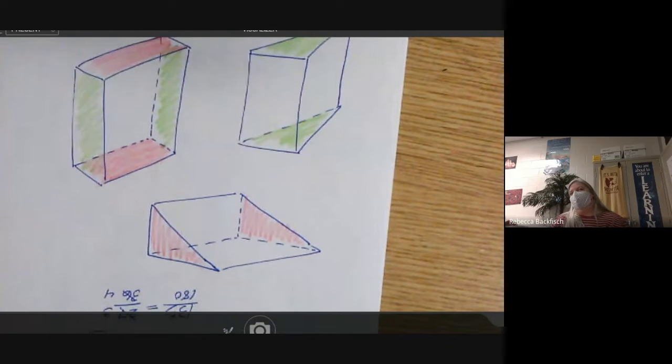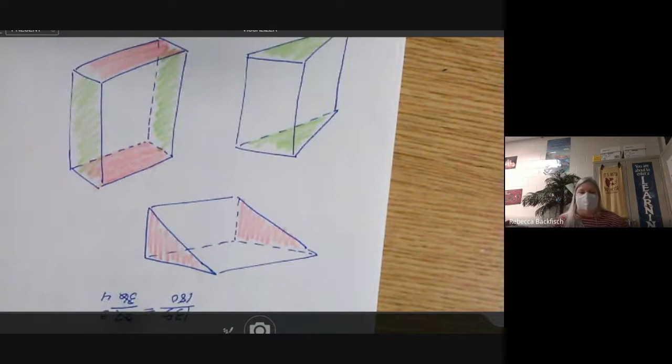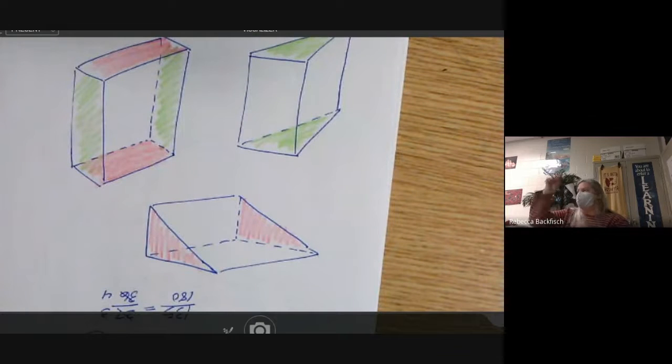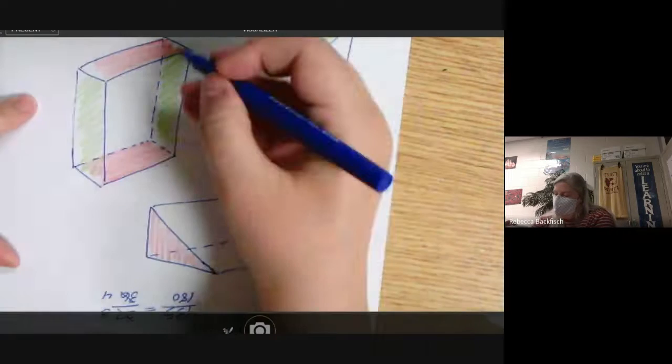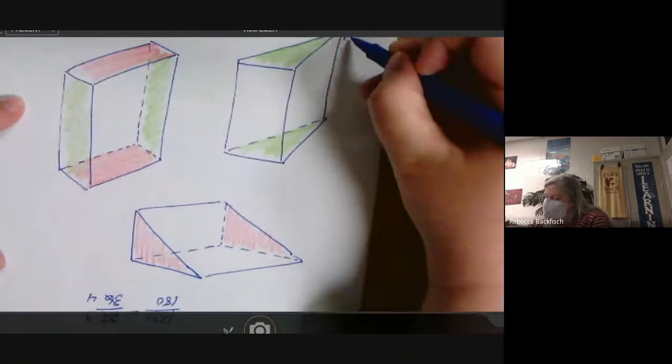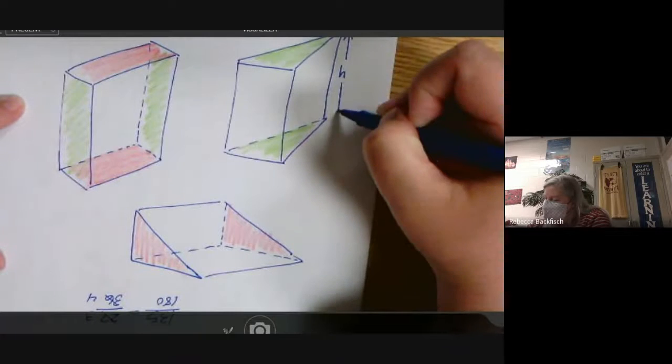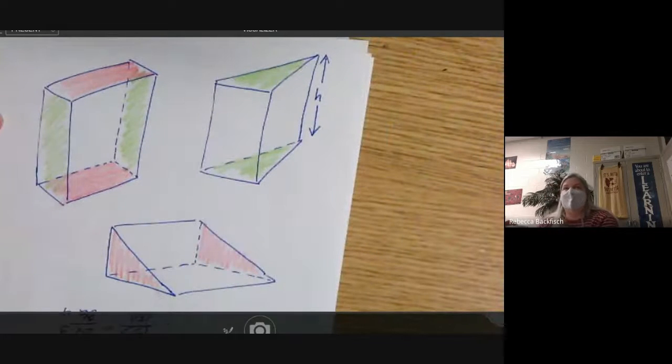If they don't have to be top and bottom, then another thing to realize is the height doesn't necessarily mean up and down. Height of a prism does not necessarily mean up and down. Now, if your bases are up and down from each other, then you can call that the height. But what the height really technically is, is the distance between the bases.